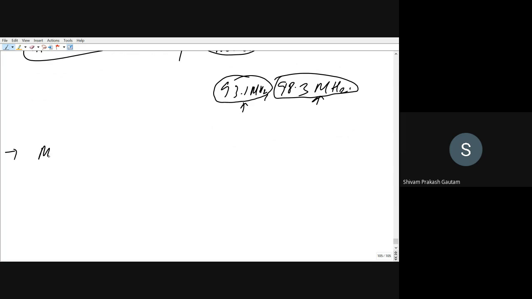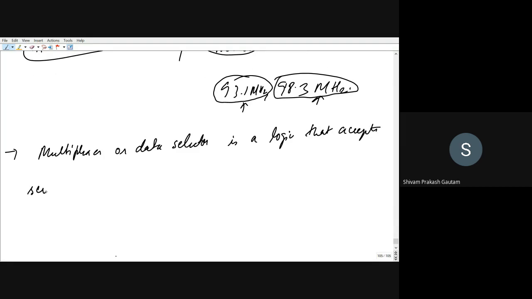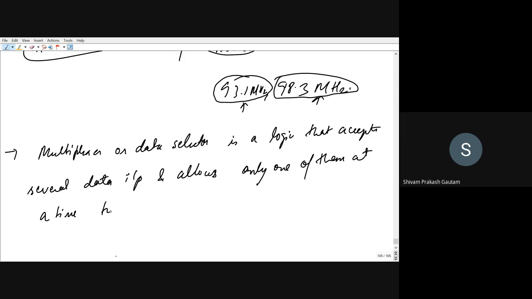So let me write: a multiplexer, or it is also called a data selector, is a logic that accepts several data inputs and allows only one of them at a time to get through to the output.